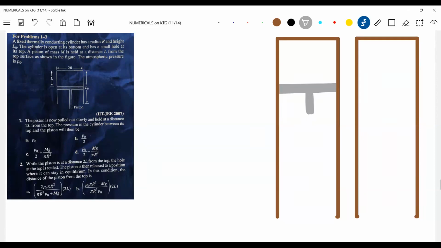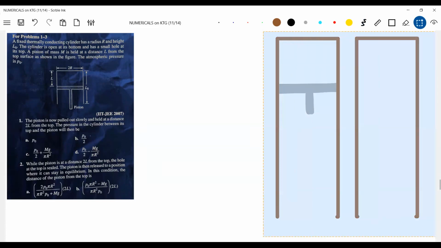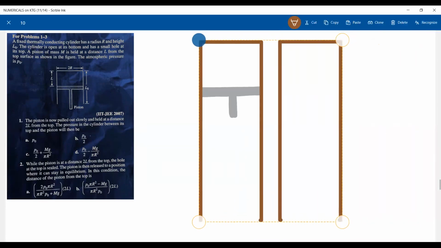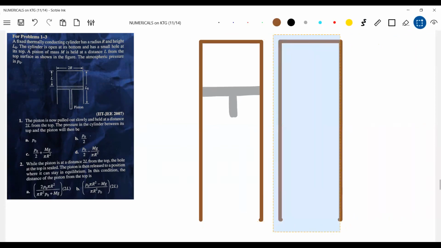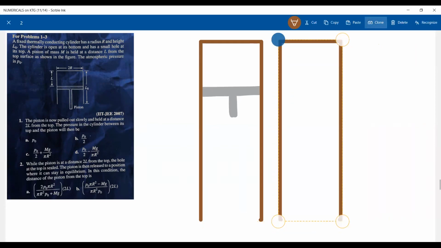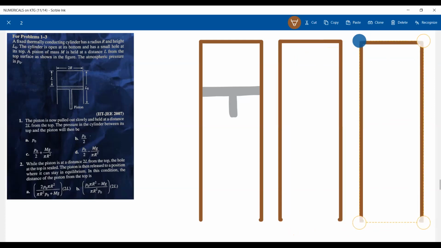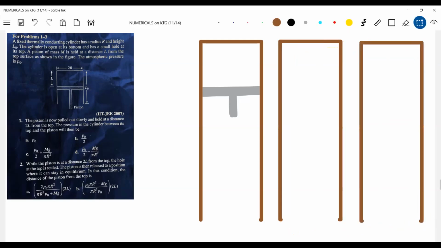The present cylinder between its top and one more diagram needed. Now, the cylinder is open at its bottom and there's a small hole at its top.